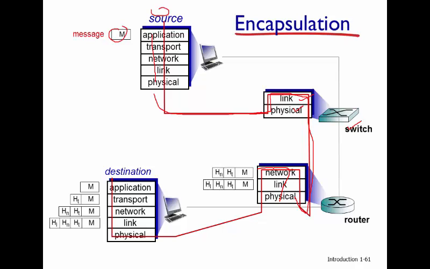But as you see here, this is a message. This is a header for network, header for link. Okay, and as it goes down the network layer, then the link layer is connected.